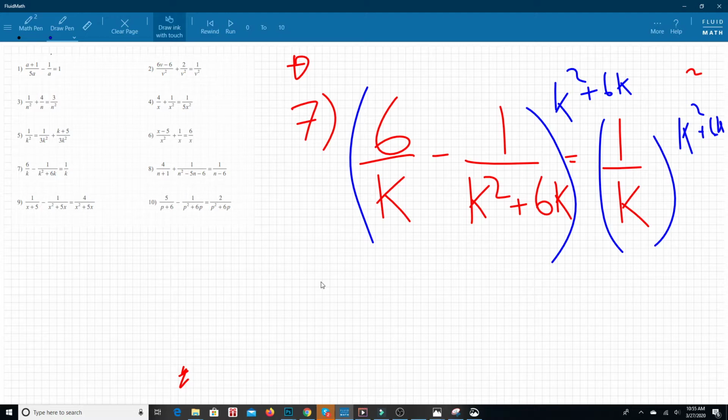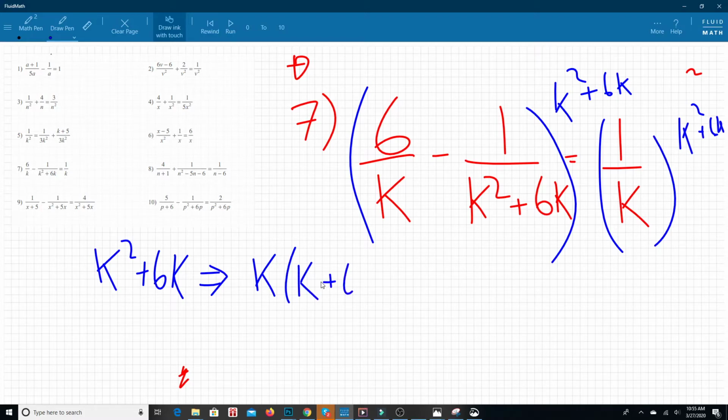So k squared plus 6k actually equals, with the distributive property, k times k plus 6. So now if I wrote it like that, it may make things a little bit easier for you guys. So let's see.